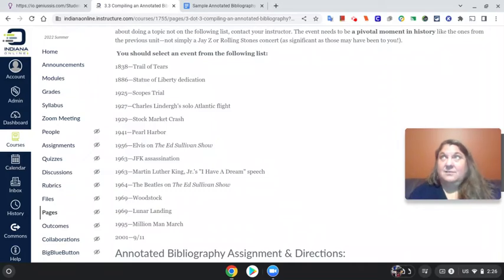In 3.5. So if I were writing this, okay, I think 9/11 would be interesting. I think Woodstock would be interesting. I think the JFK assassination would be interesting. I think a lot of these would be really interesting, so I'd have a hard time picking.